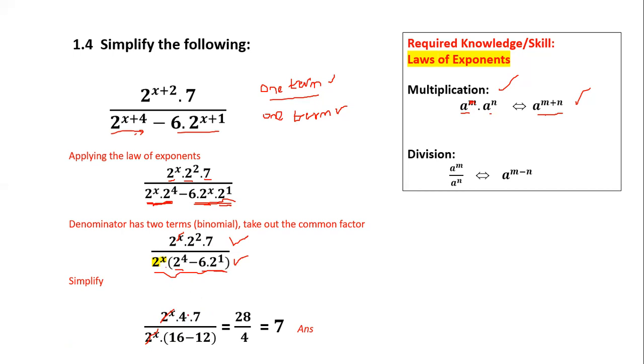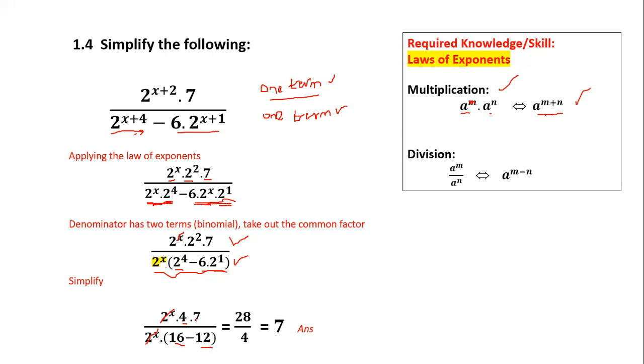So at the numerator, we have 2 to the power 2, which is equal to 4, and 7. At the denominator, we have 2 to the power 4, which is equal to 16, minus 6 times 2 to the power 1, which is 6 times 2, which is equal to 12.